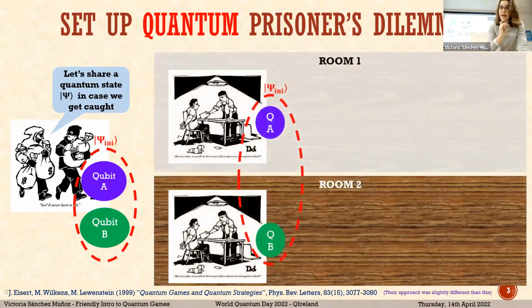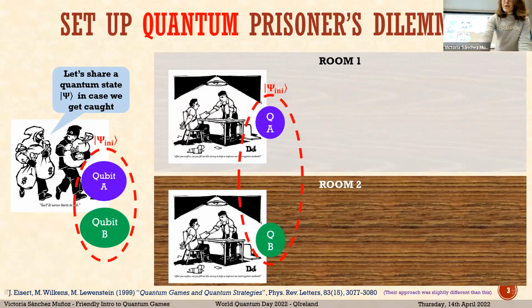So they are placed again in their interrogation rooms, but this time they have their qubit. Think of the qubit as a photon, for instance. So this guy has qubit A and this guy has qubit B. But again, no matter how far apart they are, the description of this state is done as a whole, even though there are two separate parts.